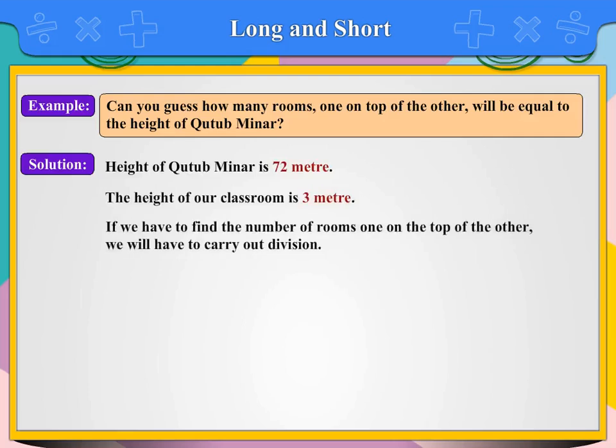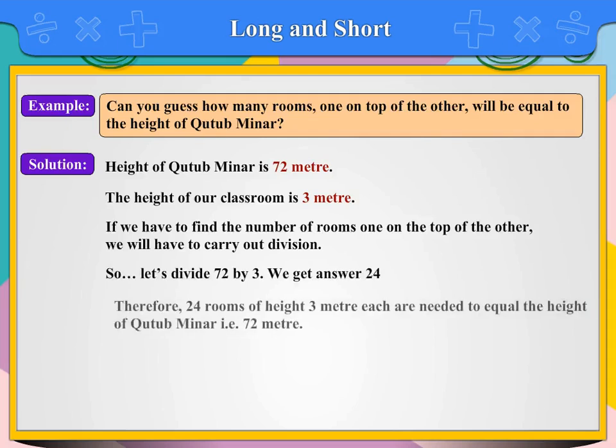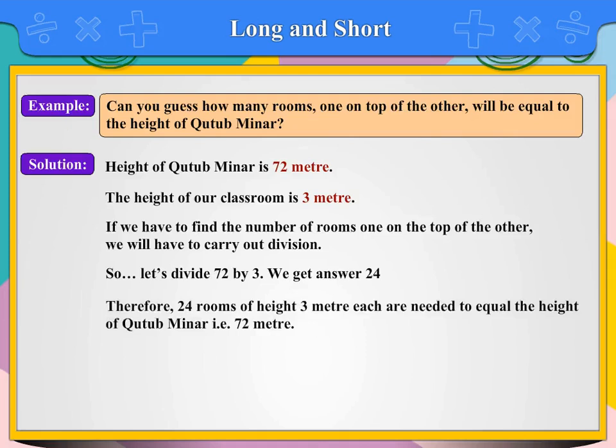If we have to find the number of the rooms, one on the top of the other, we will have to carry out division. So, let's divide 72 by 3. We get answer 24. Therefore, 24 rooms of height 3 meter each are needed to equal the height of Qutub Minar, that is 72 meter.